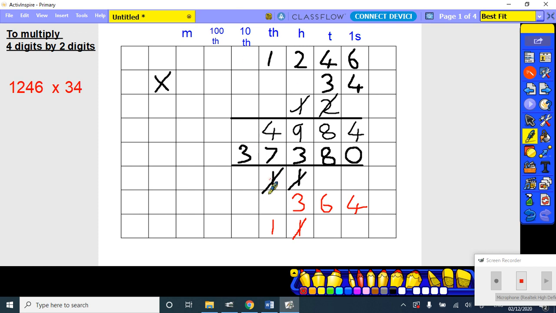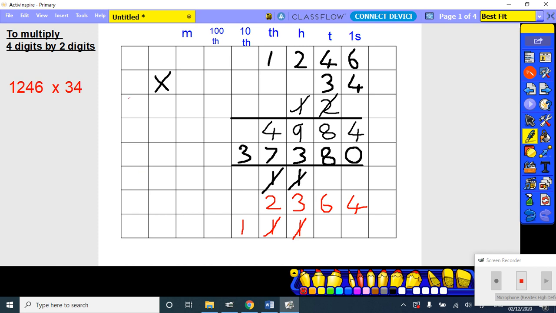We can then begin to add the thousands column. We have 4000, add 7000, which gives us 11,000, and we have our extra 1000 down here, giving us a total of 12,000. The 2 goes in the thousands column, and the 10,000 moves into its correct column.